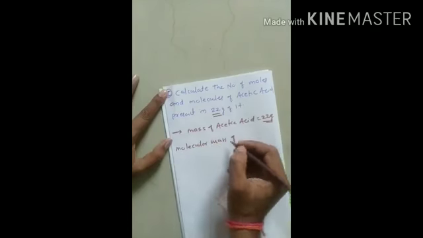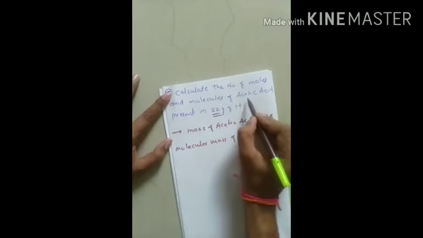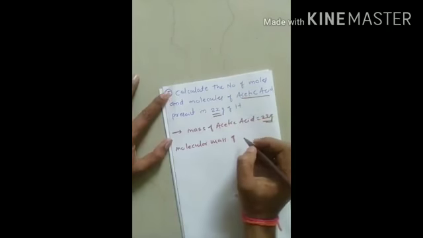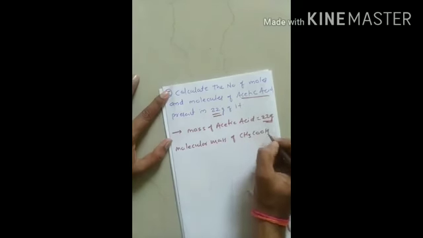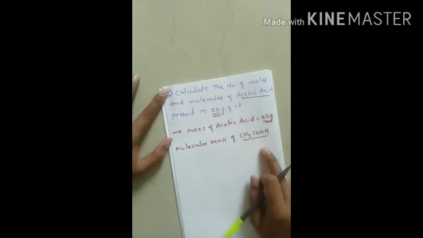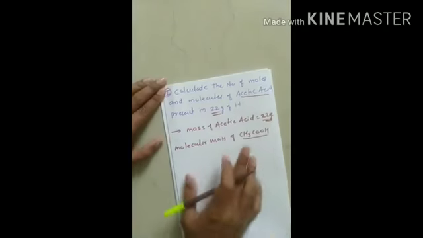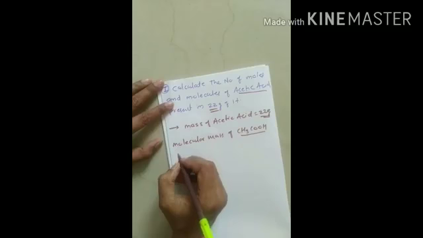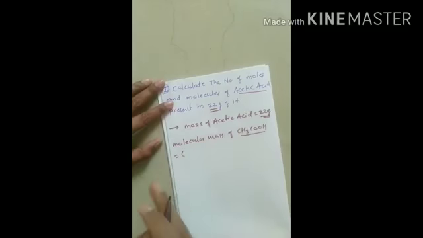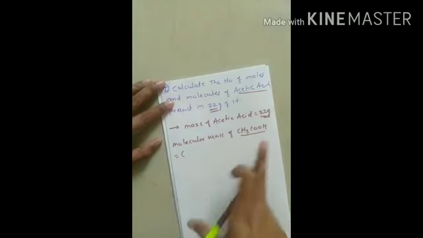of acetic acid, and the chemical formula for acetic acid is CH3COOH. We commonly call acetic acid by the common name vinegar, isn't it? So for CH3COOH, again I am using the same formula: number of atoms into average atomic mass of each and every element.